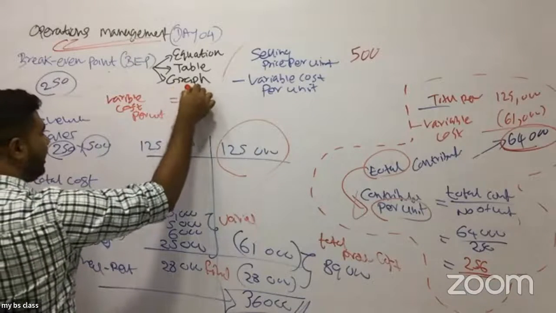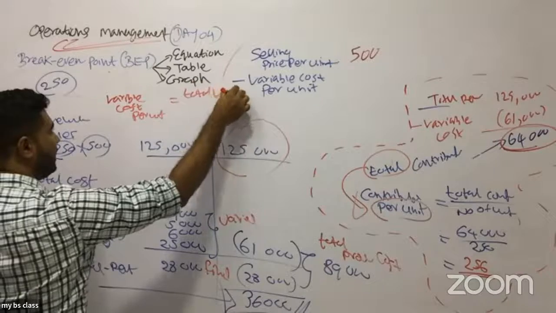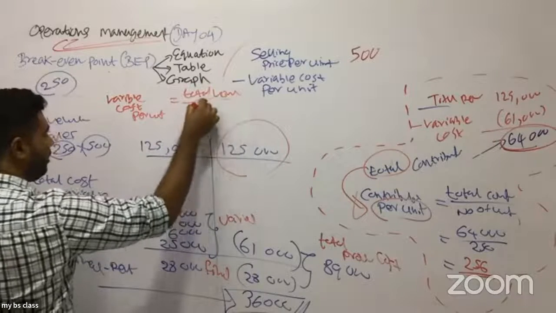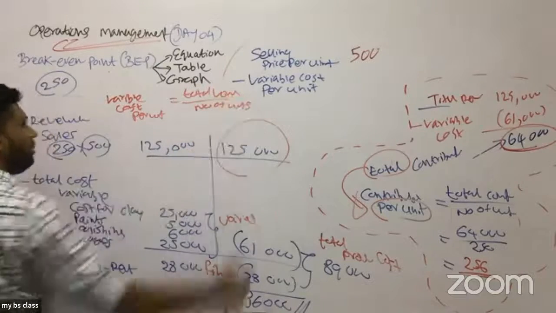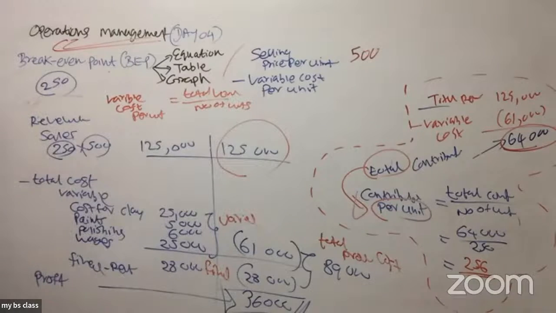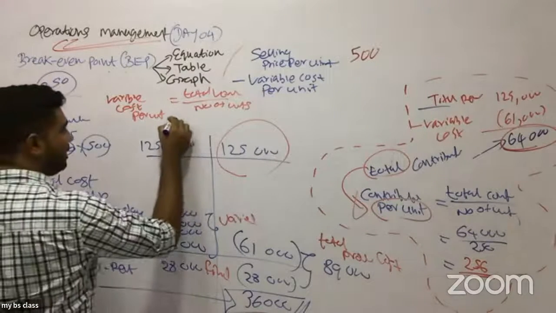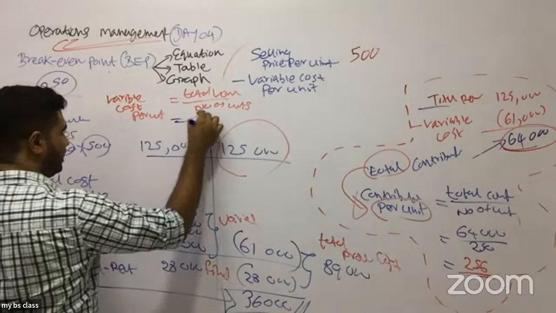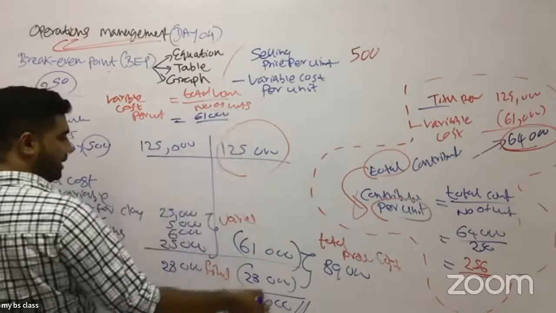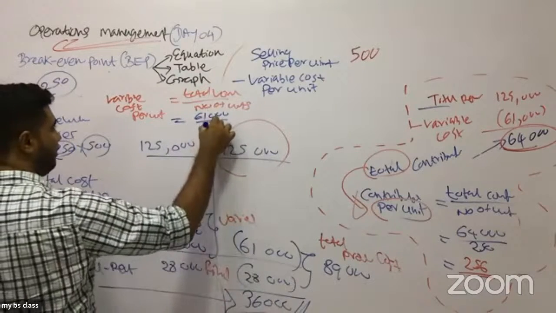Your total variable cost divided by the number of units. Total variable cost here is 61,000, divided by number of units 250.